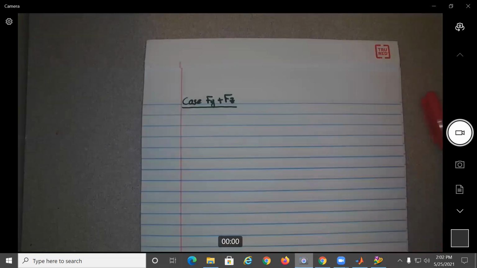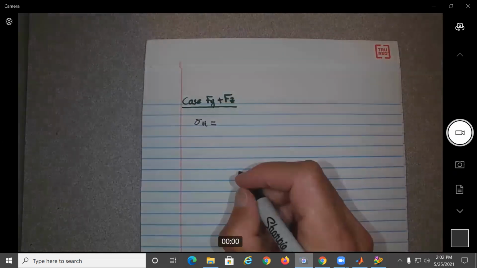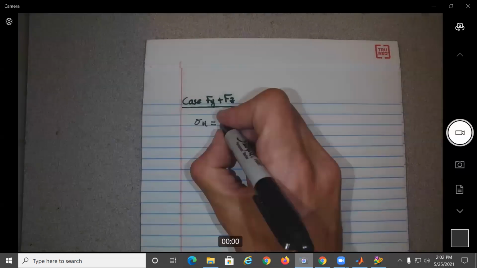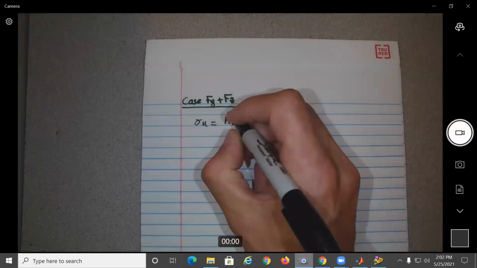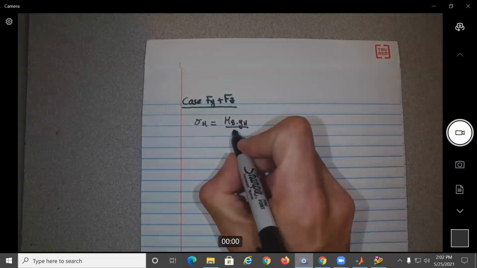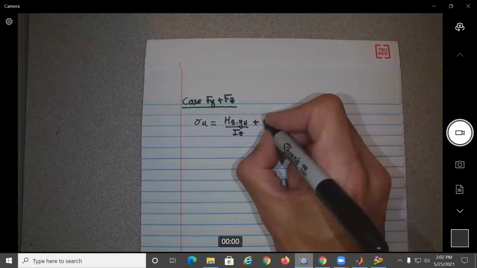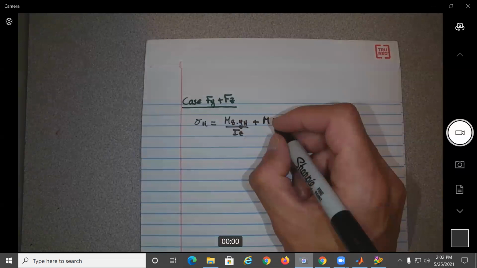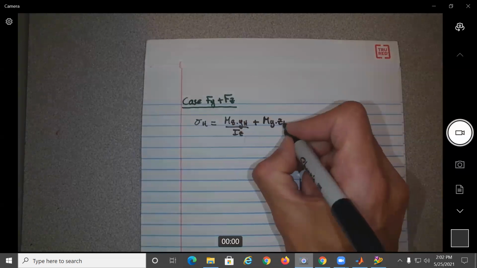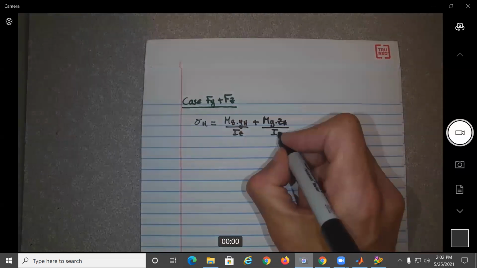What should you have? You should have sigma sub H equal to, let's say here will be Mz, if I put the equation, y sub H divided by I sub z, plus, I don't know about the values, My, z of H, both of them are negative, over I of y.